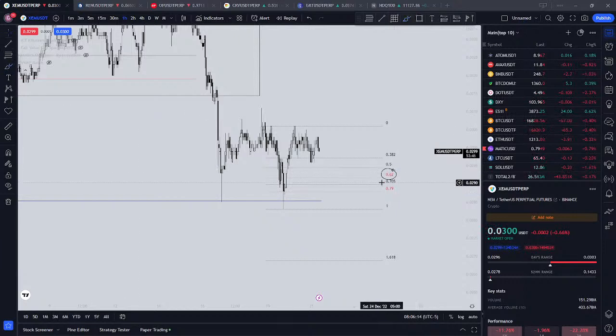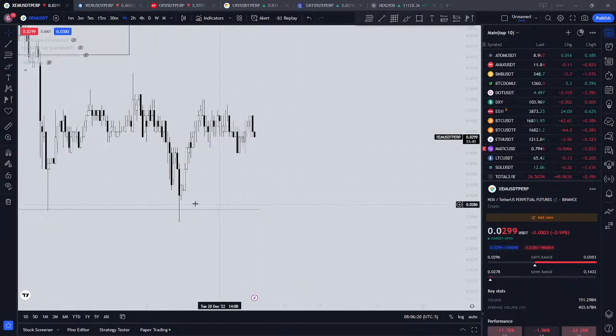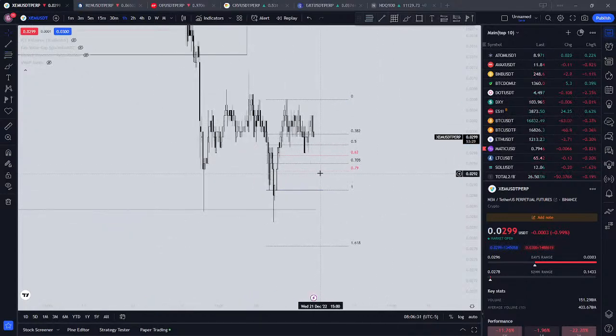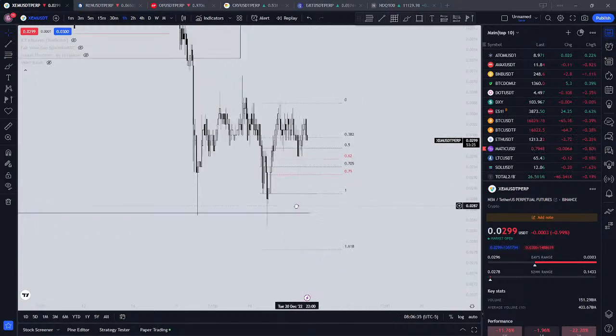Though I think in this context we can't really consider this wick because the move actually began after that. So here we consider this point, we get the fib out, and this would be your area of value for this, and perhaps you'd have your stop below this. So this is something that we might want to monitor.